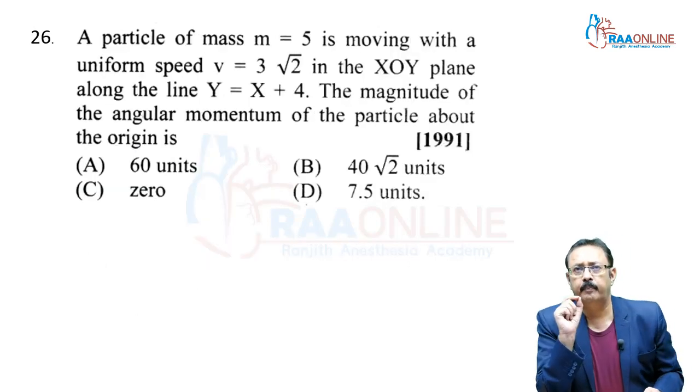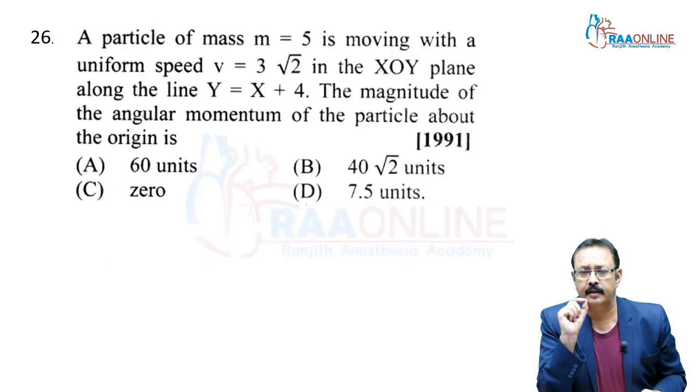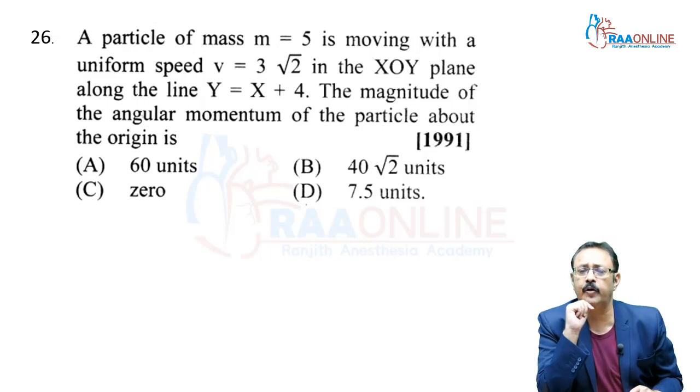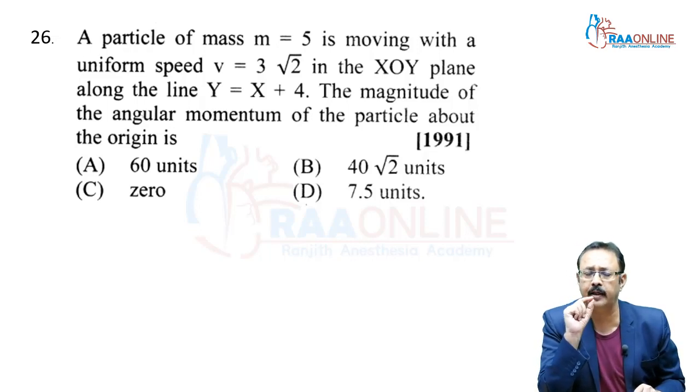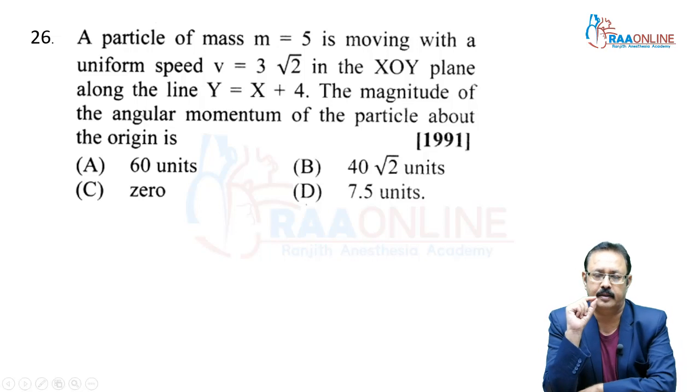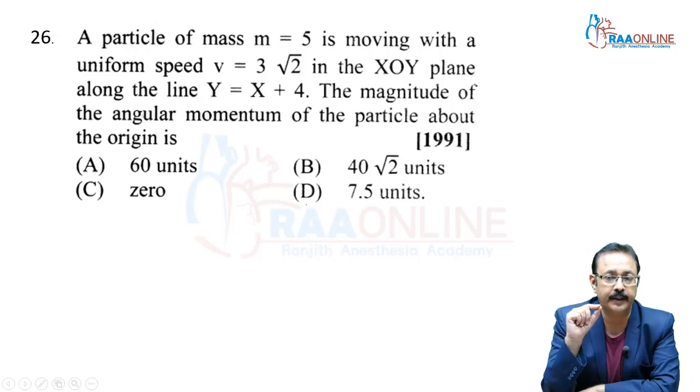Next, a particle of mass m equals 5 is moving with a uniform speed in the xy plane along the line y is equals to x plus 4. The magnitude of angular momentum of the particle about the origin is. This problem is from 1991 AIPMT.